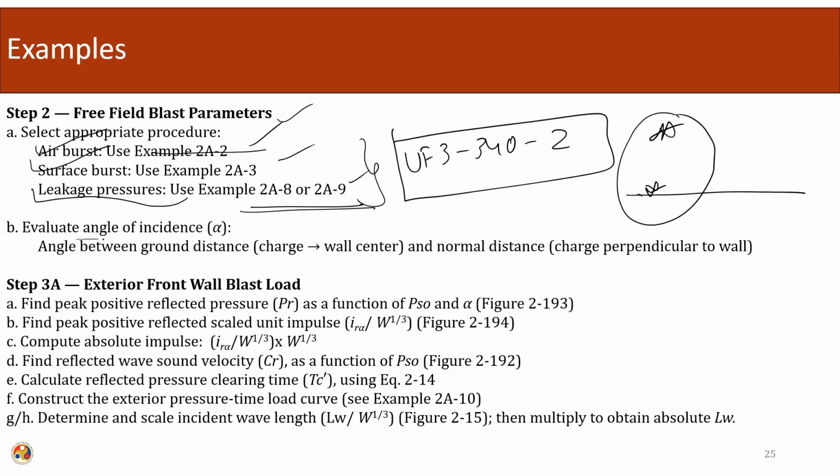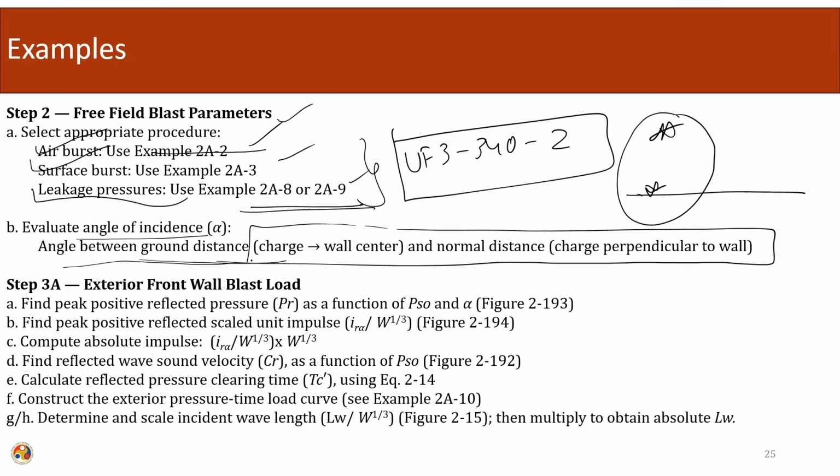And then depending upon the geometry, we can also calculate the angle of incidence and the normal distances. We calculate the standoff distances depending upon where the blast is located with respect to the structure. So, we have all the free air blast parameters.